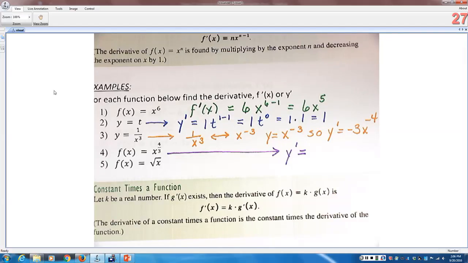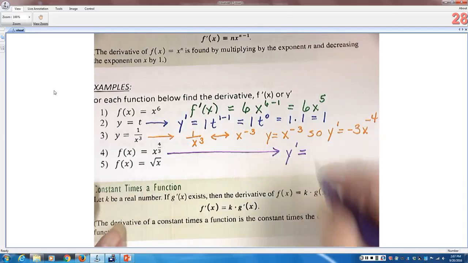What's the coefficient going to be? What do you think the coefficient is? Four-thirds.